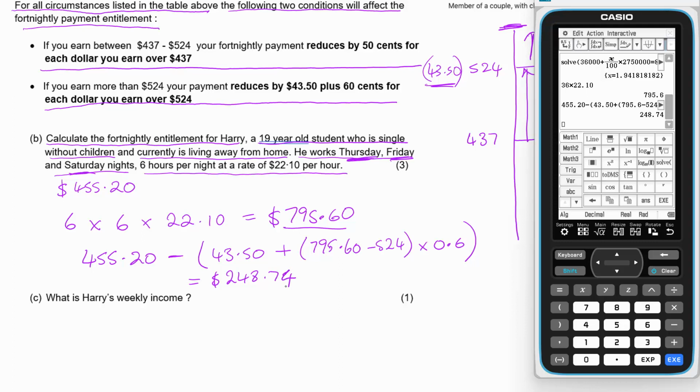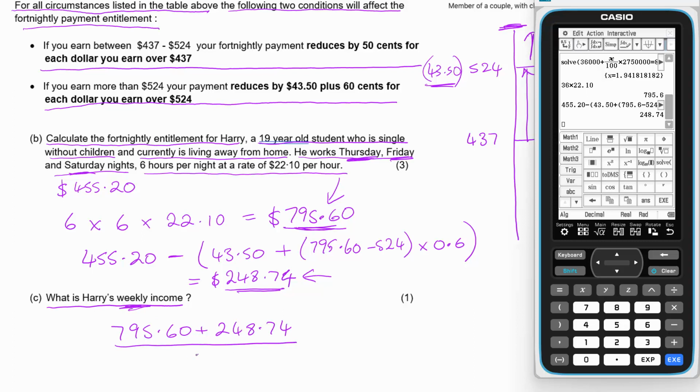So his total income, now remember this is per fortnight, as was this. So this is what he earns. He's also going to get this. So he's going to get 795.60 and the 248.74, but that's fortnightly, and we want weekly.